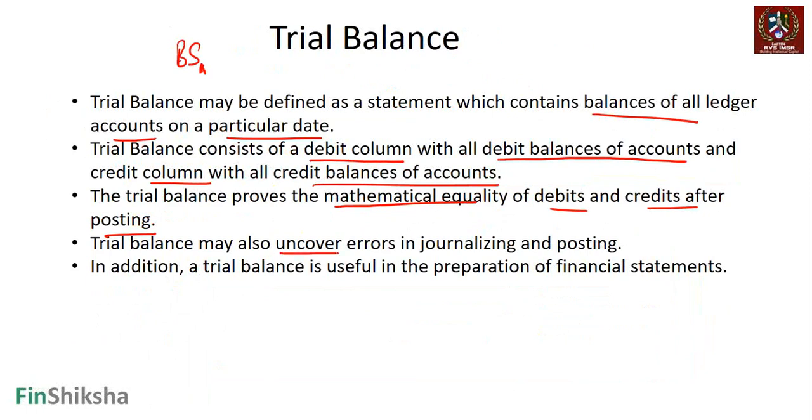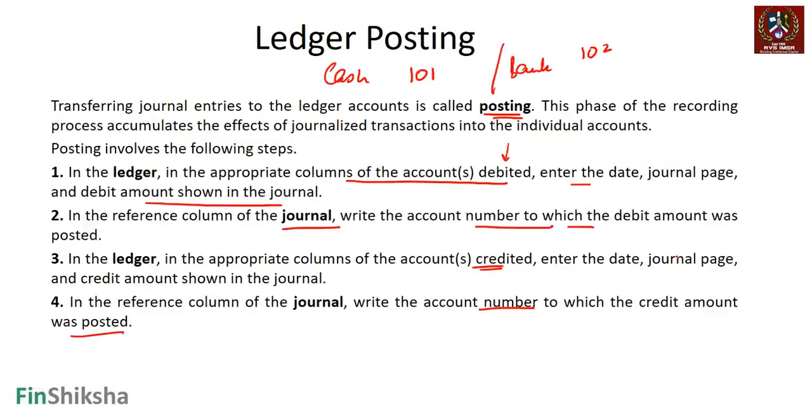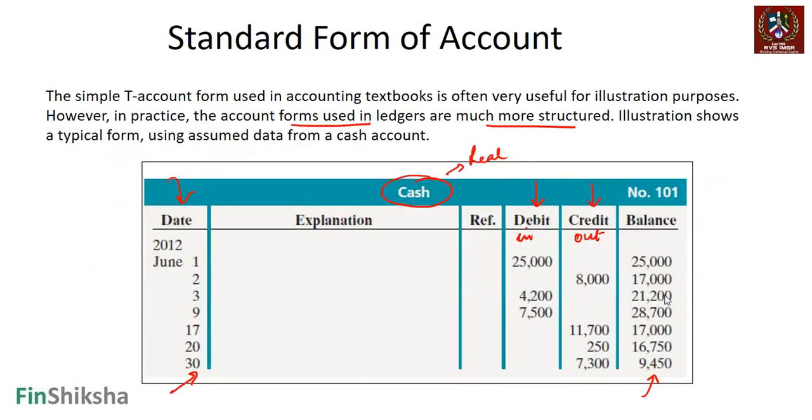Now, automatically it'll uncover errors in journalizing and posting. In case it is not equal, something has been missed out somewhere. In addition, it is useful in preparation of financial statements because you will combine all the entries. So for example, if we look at this cash account, this is going to give us a debit balance. So at the end of it, you could create a balance here and write 9450.